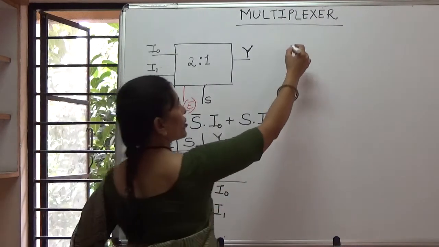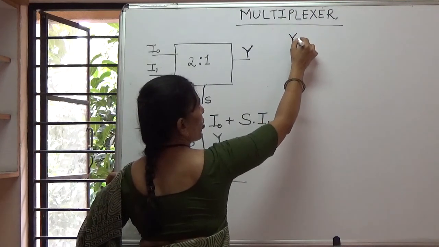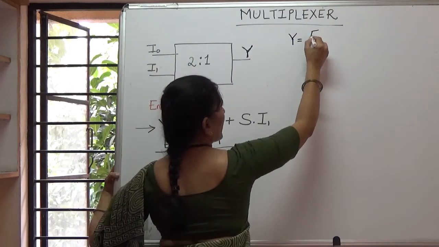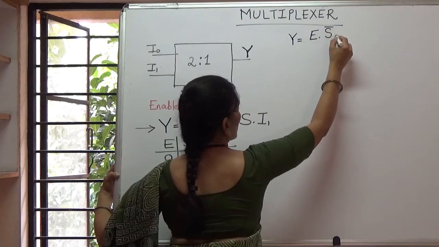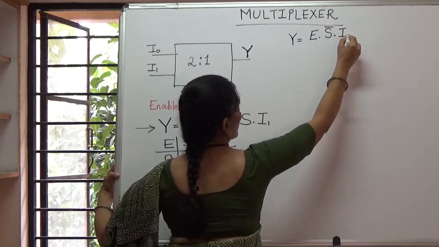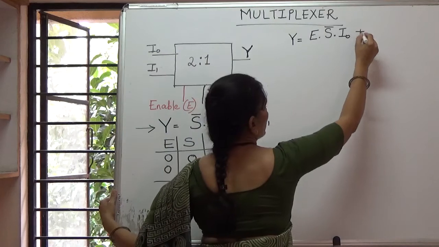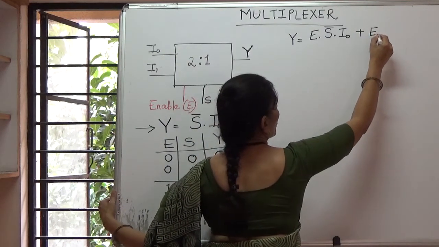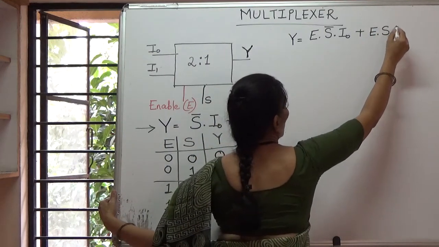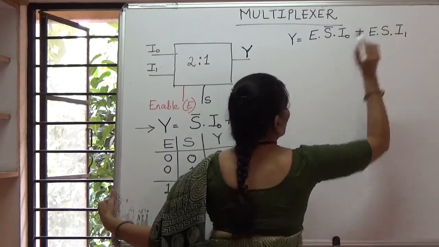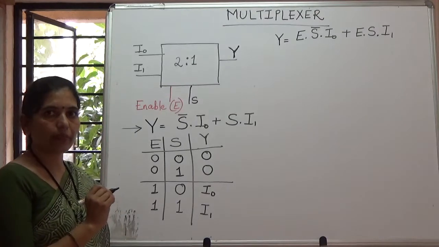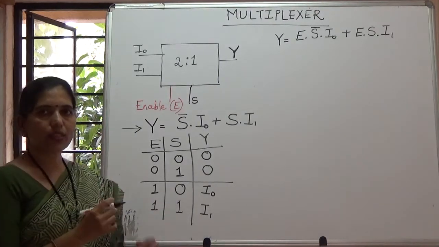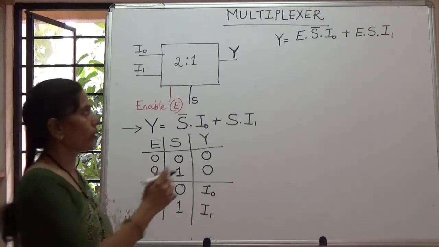Therefore, the expression for Y can now be modified as E dot S bar dot I0 plus E dot S dot I1. This is the equation now for the new multiplexer. Let's see how its implementation will look.